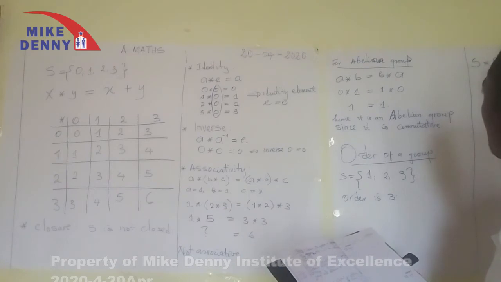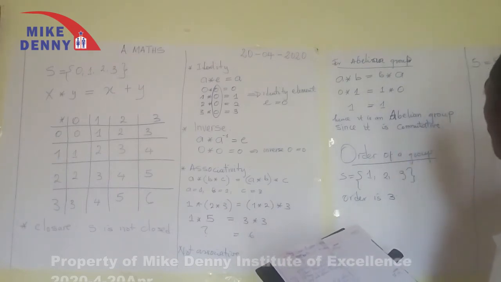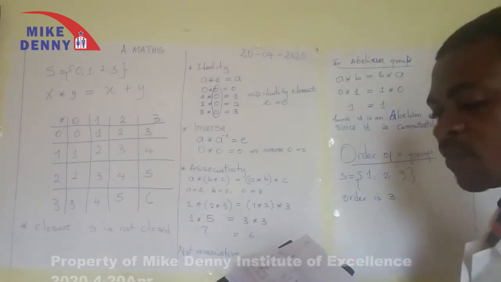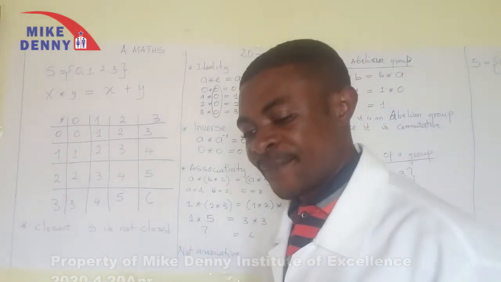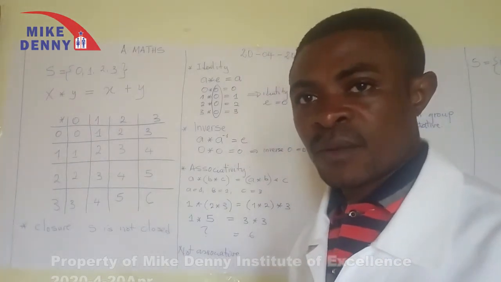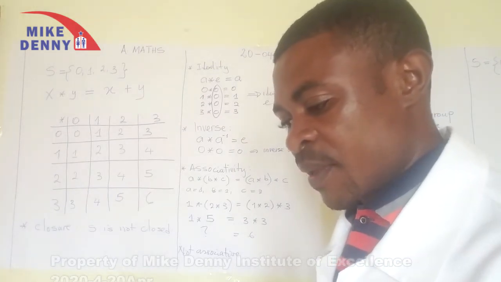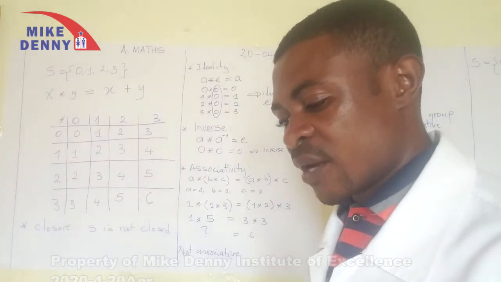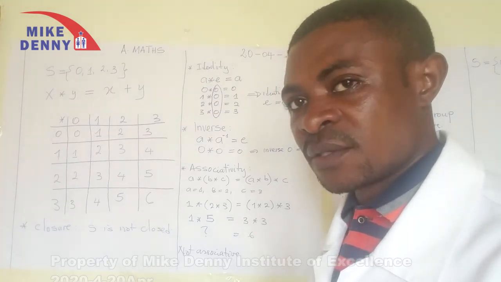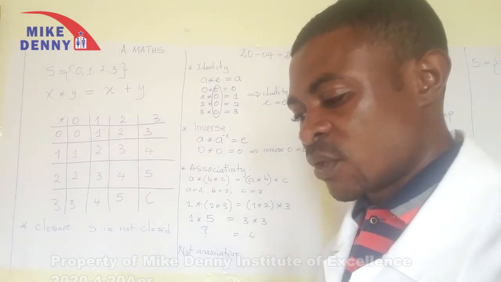Consider the operation star defined on the set S equals 0, 1, and 2 by multiplication modulo 3. A. Construct an operation table for the above operation. The above operation here is star.